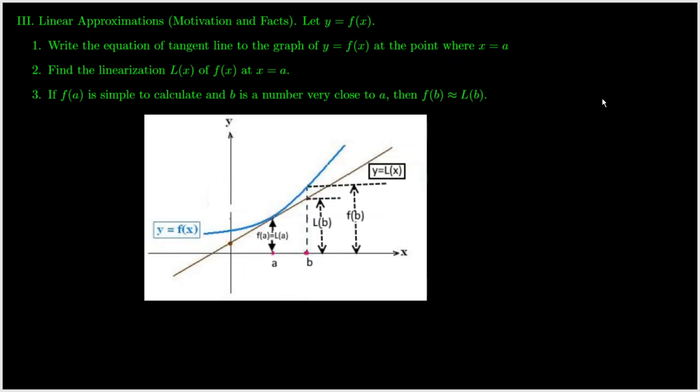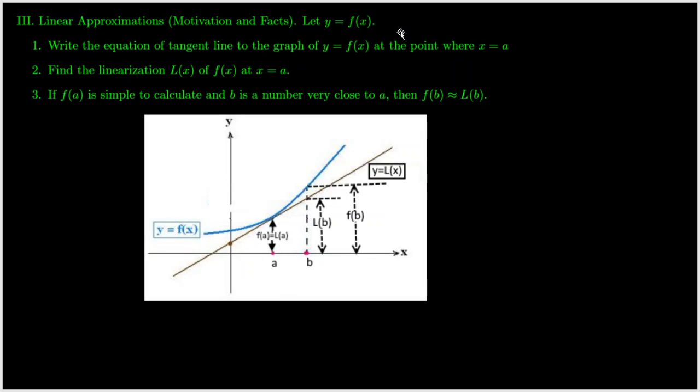In item number 1, we are trying to write the equation of the tangent line to the graph of the function at the point where x value is a. Okay, I think we can just look at the graph in here. The condition is that the function is differentiable, of course, at least at point a.